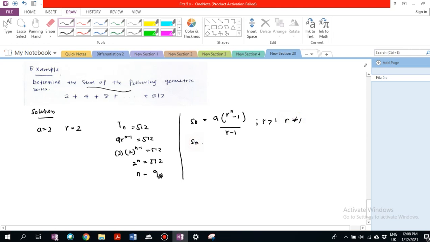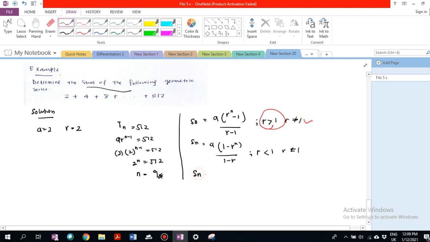Then you have another formula, which is A times 1 minus R to the power of n, divided by 1 minus R. In this case we know our R is 2, so R is bigger than 1. So we use this formula.